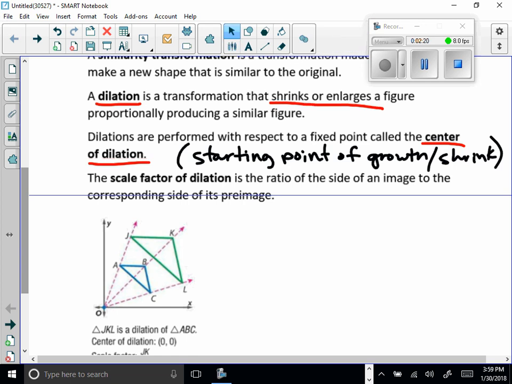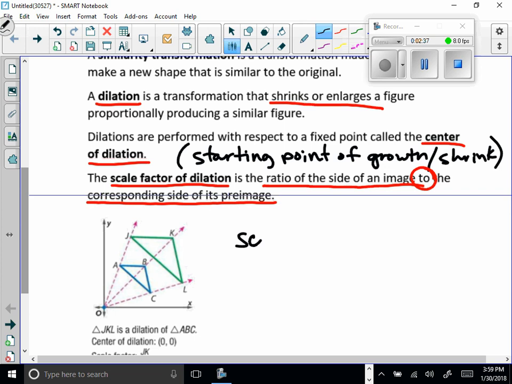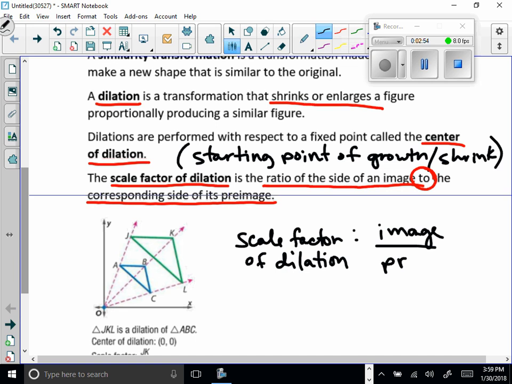The scale factor of dilation, and you've got to get this right, is in a specific order. The scale factor of dilation is the ratio of the sides of an image to the corresponding sides of the pre-image. So we'll write that down. The scale factor of dilation is the image to the pre-image.